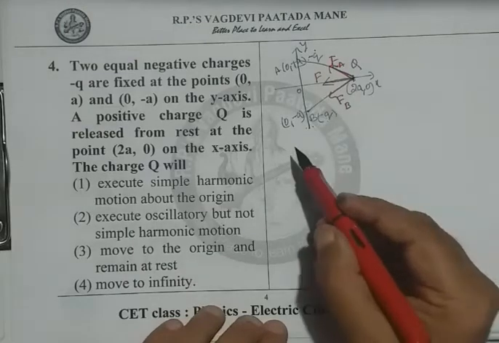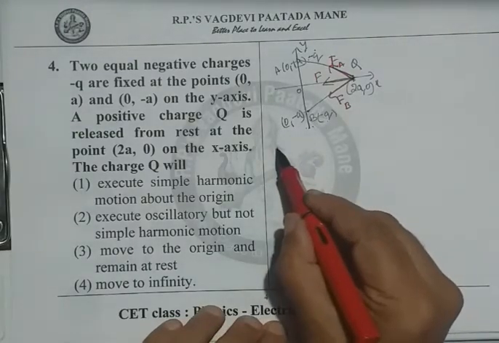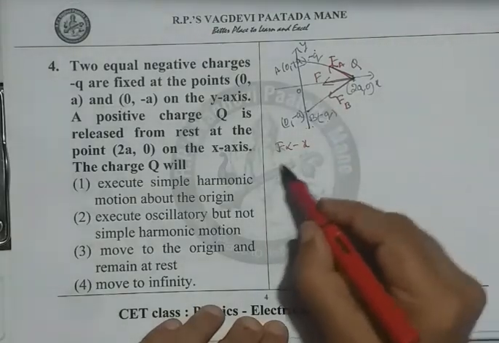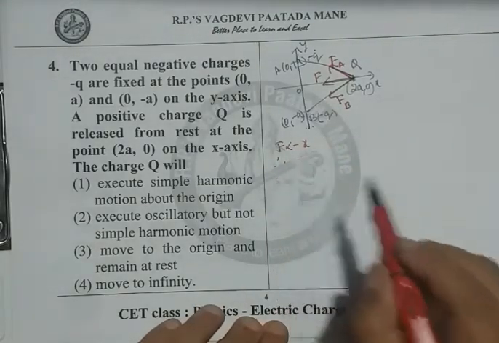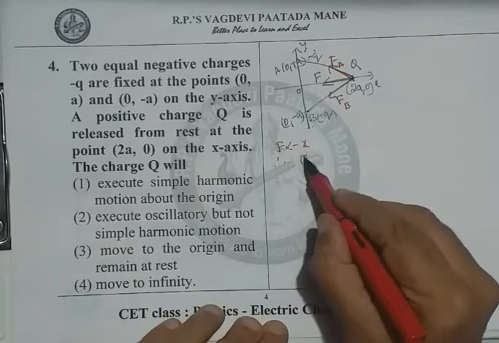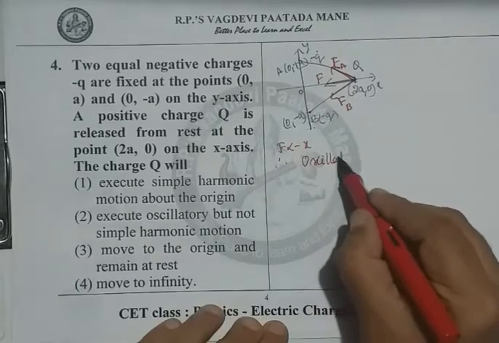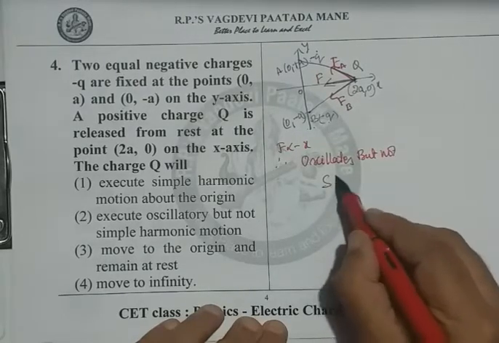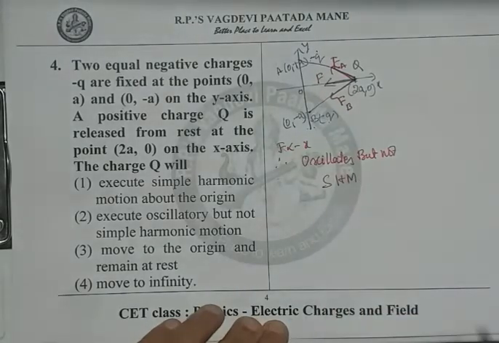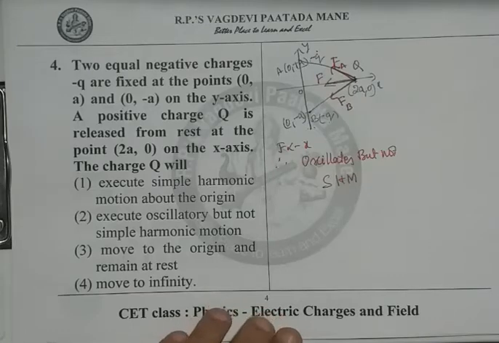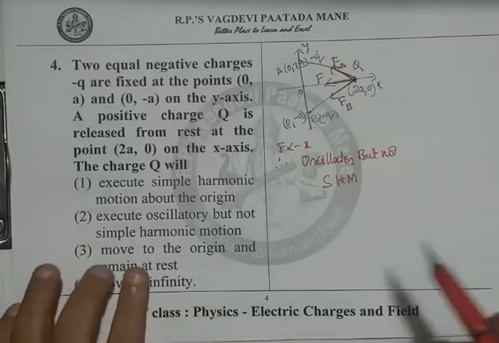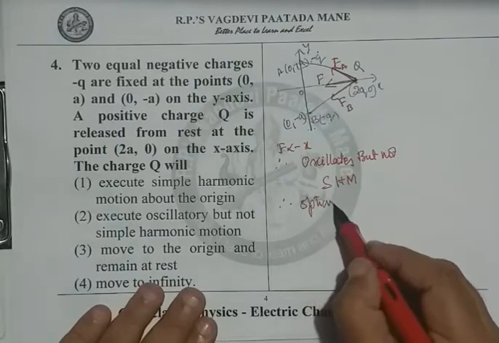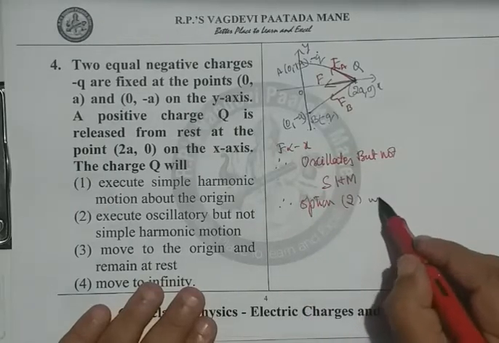Therefore, that will not satisfy the SHM equation F proportional to minus x. Therefore, the charge oscillates, but not SHM. Therefore, option 2 is correct.